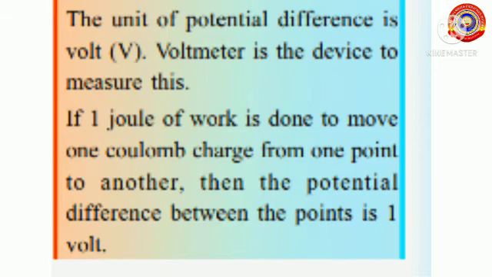If 1 joule of work is done to move 1 coulomb charge from one point to another, then the potential difference between the points is 1 volt. So what is 1 volt? If 1 joule of work is done to move 1 coulomb charge, coulomb being the unit of charge, from one point to another, then the potential difference between the points is 1 volt.